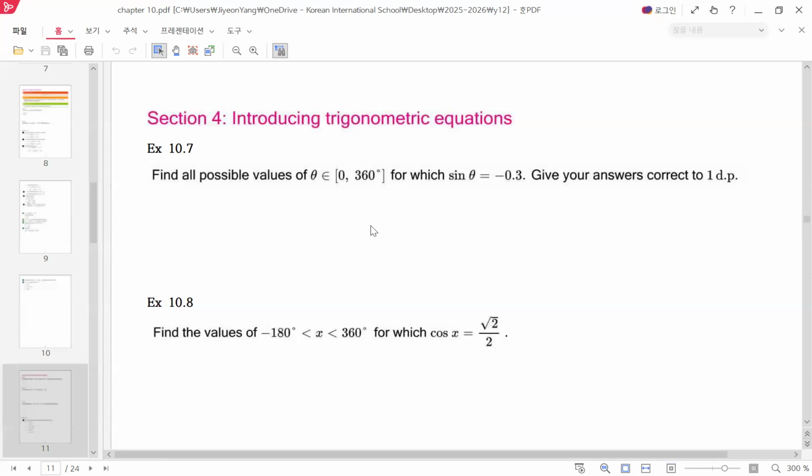The third quadrant is 180 plus 30, which is 210. And the fourth quadrant is 360 minus 30, which is 330. Therefore, if sine theta is given as 1/2, then you can find two angles, the first one and the second one. You understand?